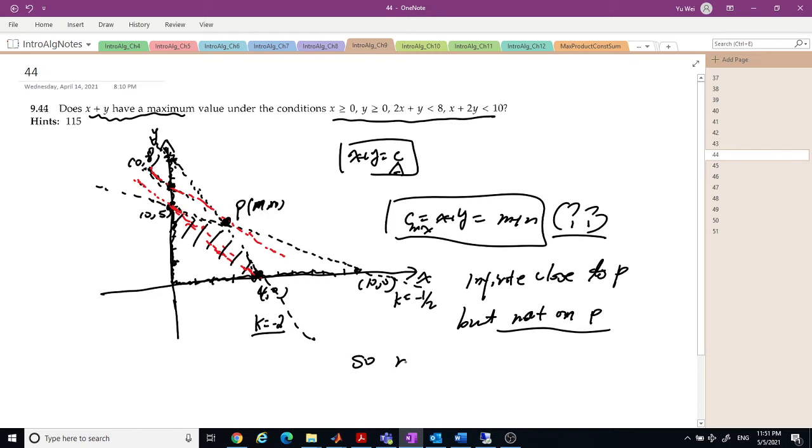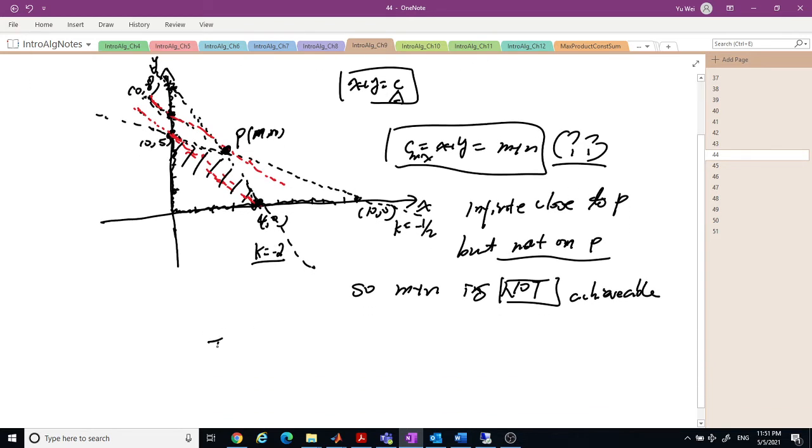So M plus N is not achievable. Okay, so there is no max value for this one. Next.